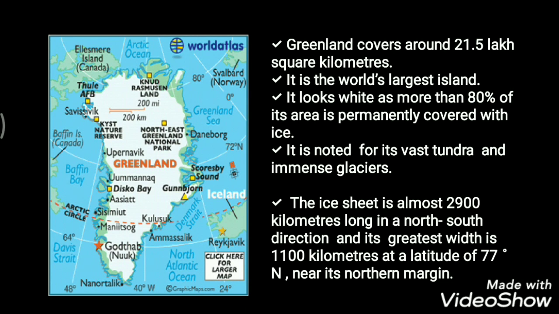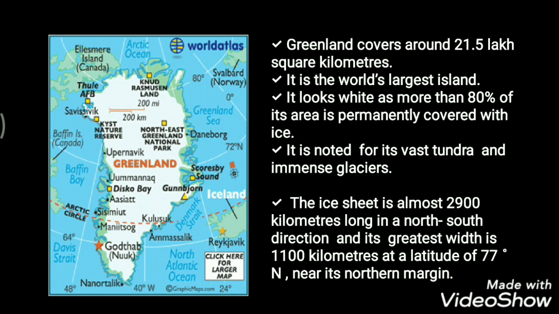Greenland covers around 21.5 lakh square kilometers of land area. We know that it is the world's largest island, and it looks white as more than 80% of its area is permanently covered with ice.